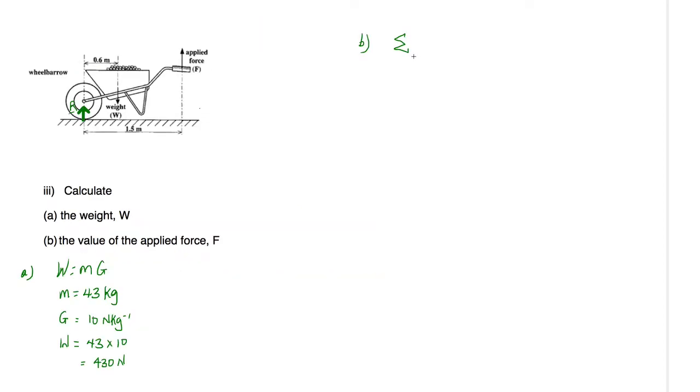We have to use the principle of moments that says that the sum of the clockwise moments about a point is equal to the sum of the anti-clockwise moments about the same point.